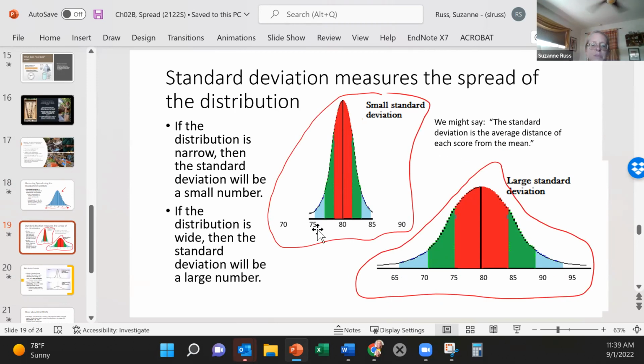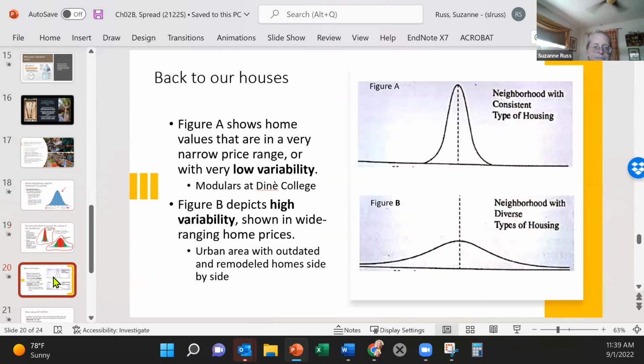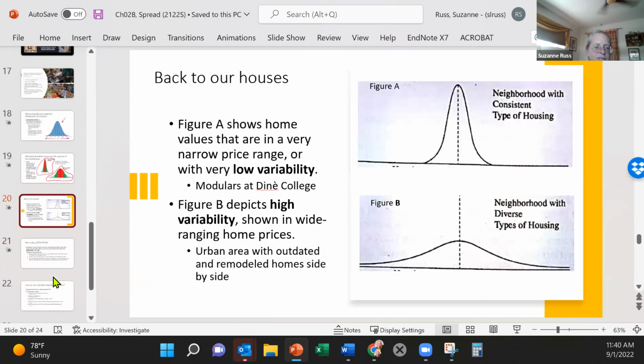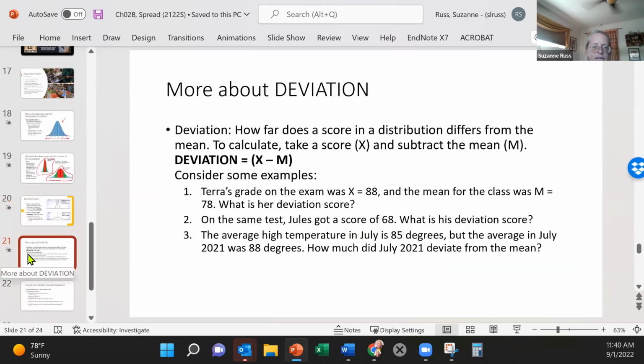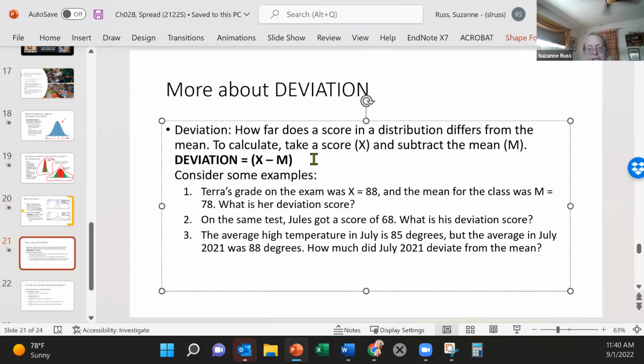And so it's just the number, the distance of how far scores are from the mean. We already showed these homes. Okay, so we're just going to look at some calculations of how we figure this out and what it means. So really quickly, let's work with some ideas of deviation before we put the standard in.